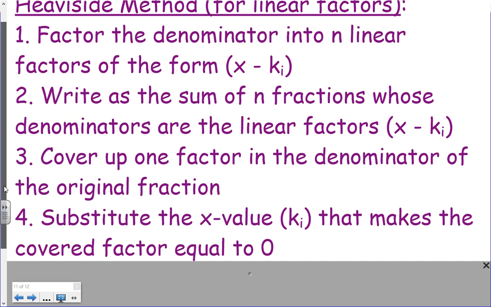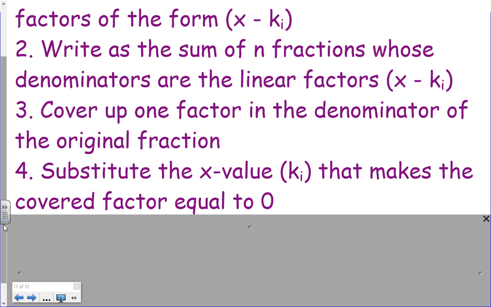And then you'll do a substitution into what's left, forgetting about what you've covered up, leaving that out of there, but from what's left, substitute in the x value. That would be the k sub i, or in our case, if it's x plus 4, it would be a negative 4 that we're going to substitute in. Substitute in the x value that makes the covered up factor equal to 0. So again, if you're covering up x plus 4, then x equals negative 4 would make that equal to 0.